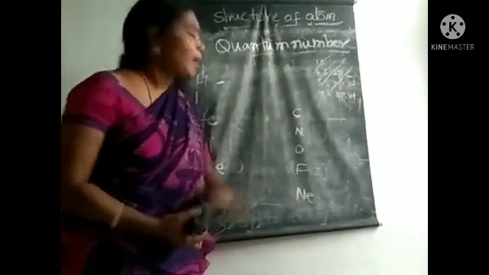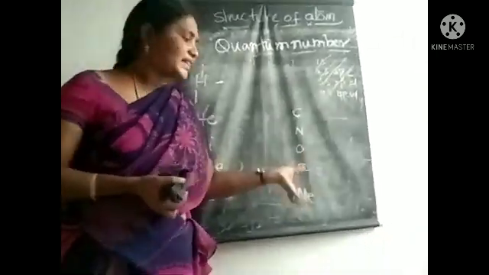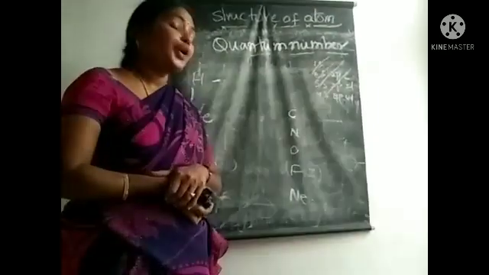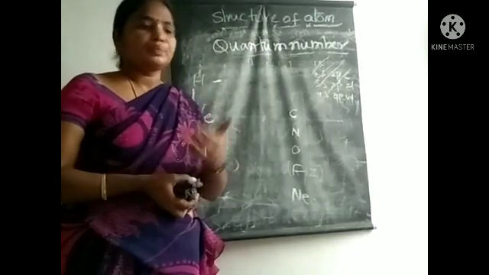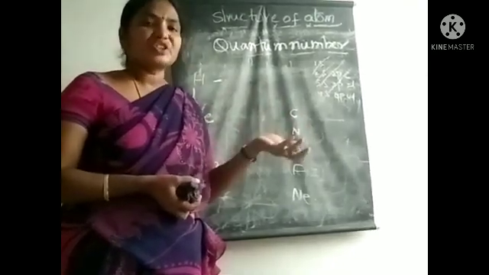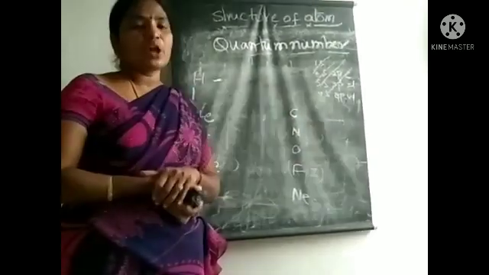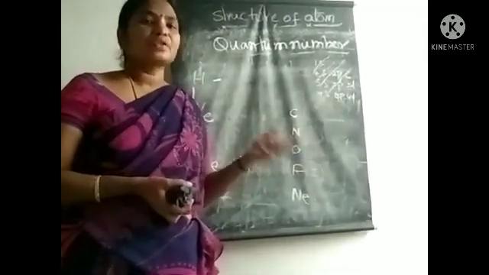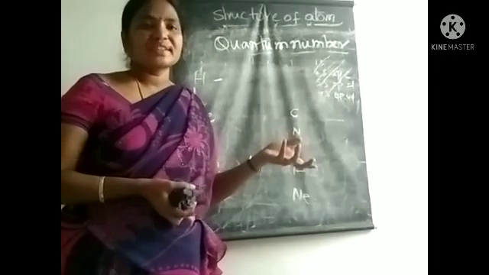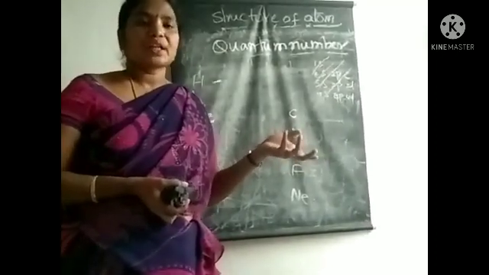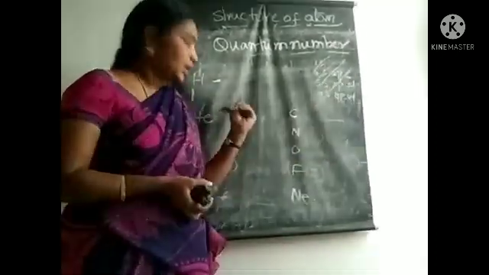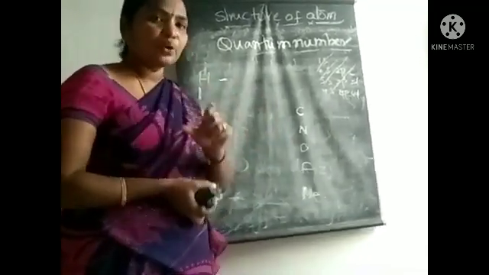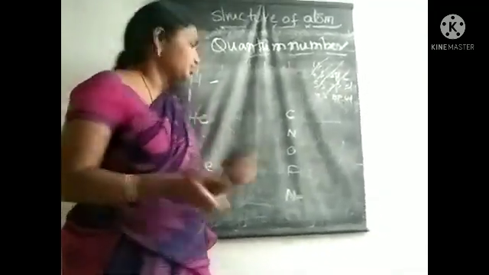I will tell up to 10. You can practice 11 to 38 elements. It is easy for your chemical bond formation, and in the examination also, questions like write the configuration of nickel, write the configuration of copper are given. So please concentrate on this topic and write it down in your notes.